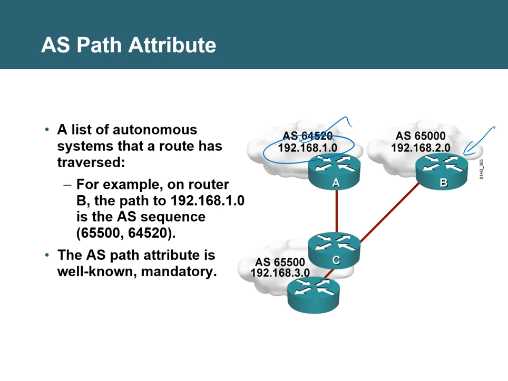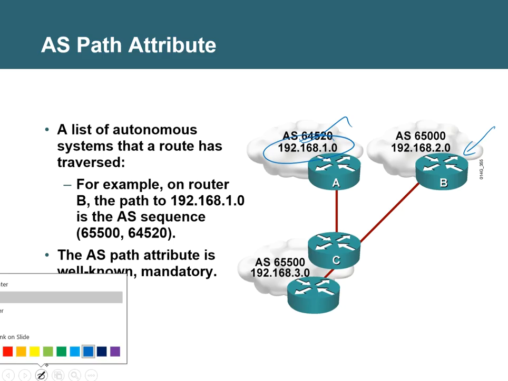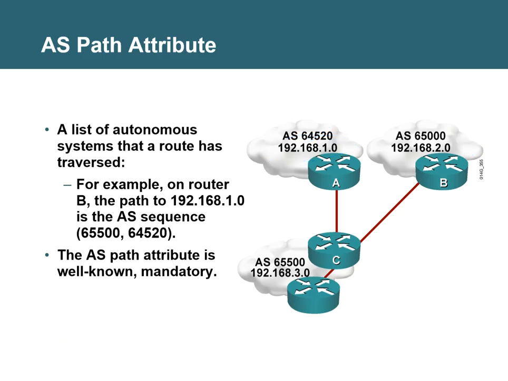No, it comes with a lot of attributes. So it's a heavy update. One of the attributes is AS path, and the AS path attribute is a well-known and mandatory attribute.